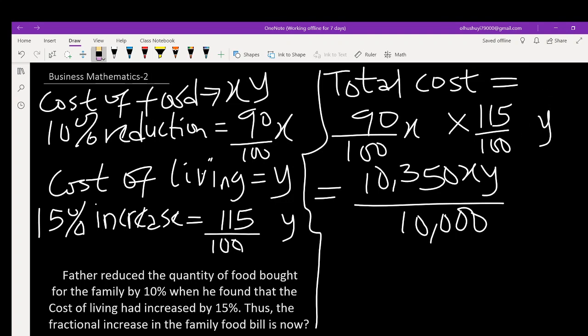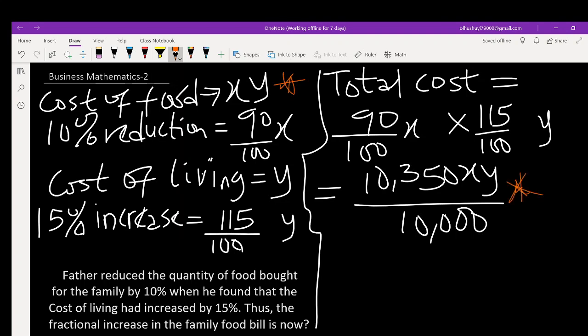Can you see something there? The cost of food itself is X. Then per unit, you don't know how many units they buy. Now I use XY. Do you get it? So that the total cost of feeding presently will be in terms of XY, then we can relate both together.